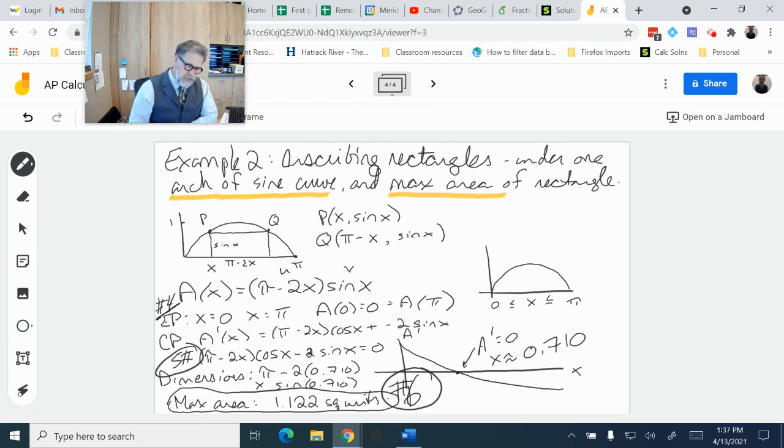Remember, it's not good enough to say x is 0.710. We need to say the area of the rectangle is with dimensions of, and that helps us make sure that the answer makes sense. It would be very easy to come up with some value of x and just write it down, having made a mistake, and discover that my result makes no sense when I phrase it in terms of a result.